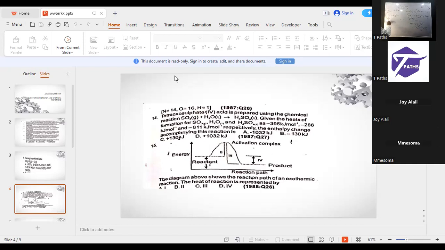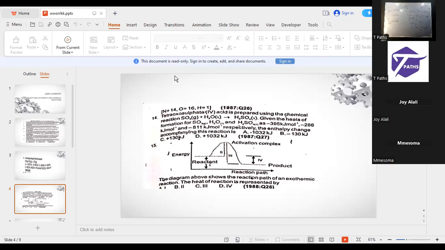The enthalpy of H2SO4 is given to us as minus 811 kilojoules per mole. Now, knowing this, I believe we can solve.